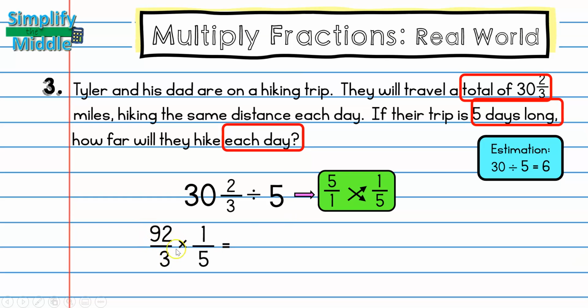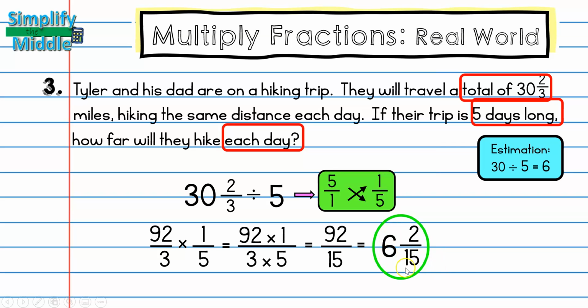So 92/3 times 1/5. They do not have anything in common, so I end up with 92 over 15. And 15 is going to go into 92 6 times with 2/15 left over. I can see that 6 2/15 is really close to my estimation of 6.